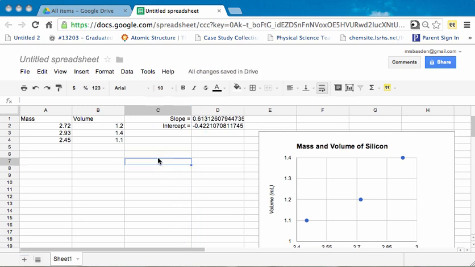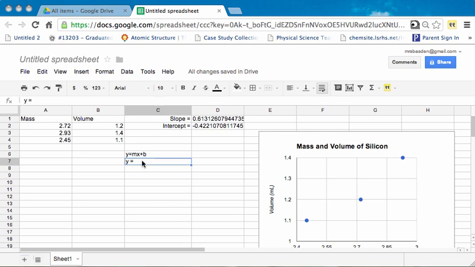So we know that the format for our equation of the line is y equals mx plus b. So I'm going to fill in those values so that I have an equation I can work with. So y equals m, where m is my slope, and I'm going to round it to 3 decimal places because that's what we did here.